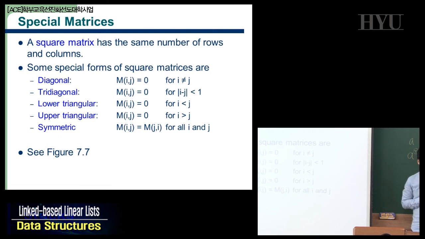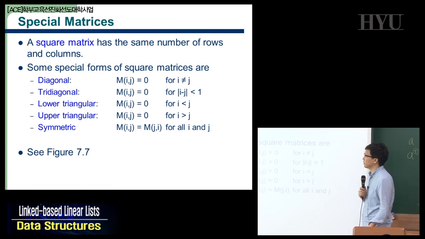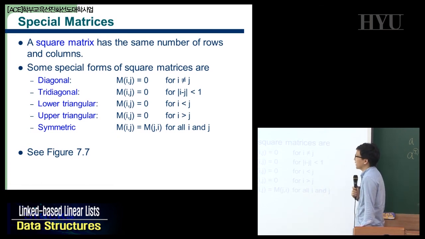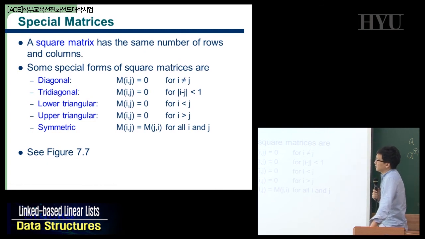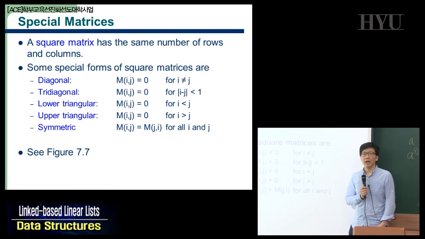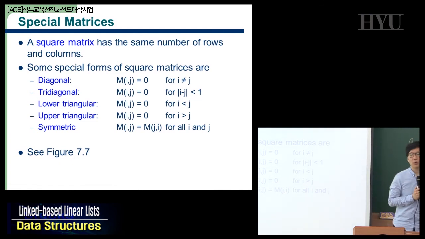5 by 5. Some special forms of square matrices are diagonal, tridiagonal, lower triangular, upper triangular, symmetric. And each is defined in this way. Diagonal, M i j equal to 0 if i and j are not equal. What does that mean?